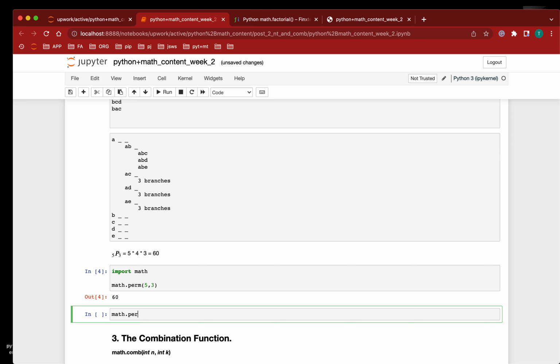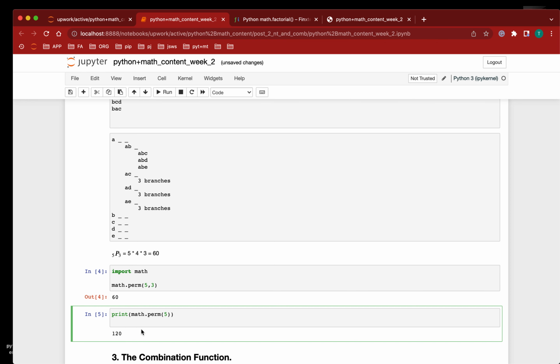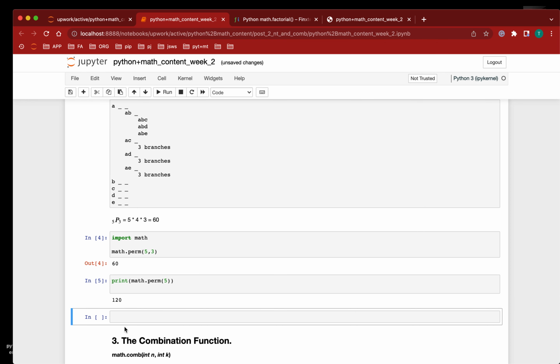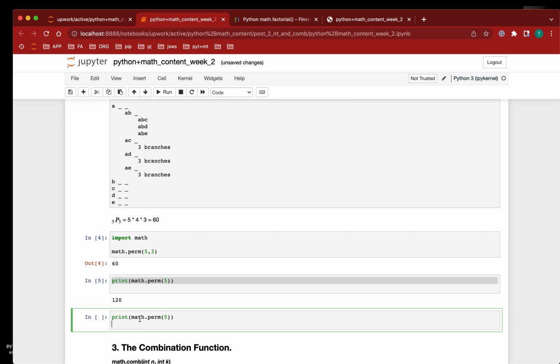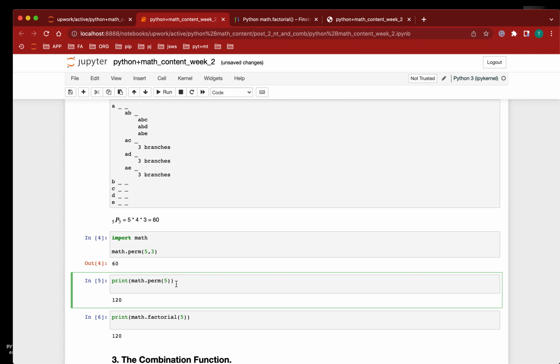So if we do perm of 5, we get back 120, which is the same thing as the factorial. So if you leave the second parameter blank, it just gives back the factorial.